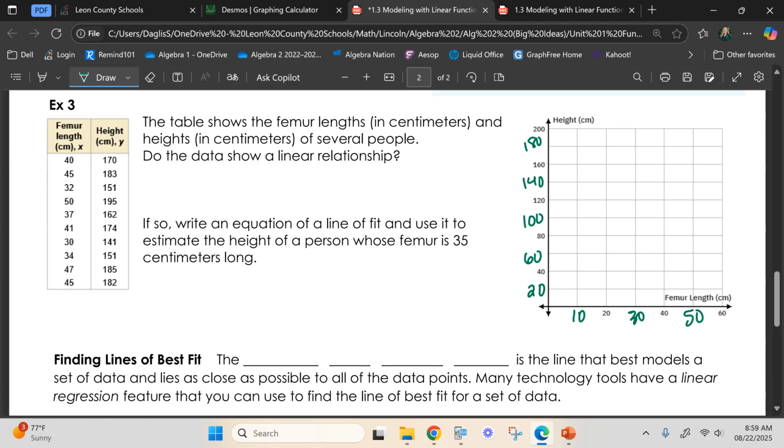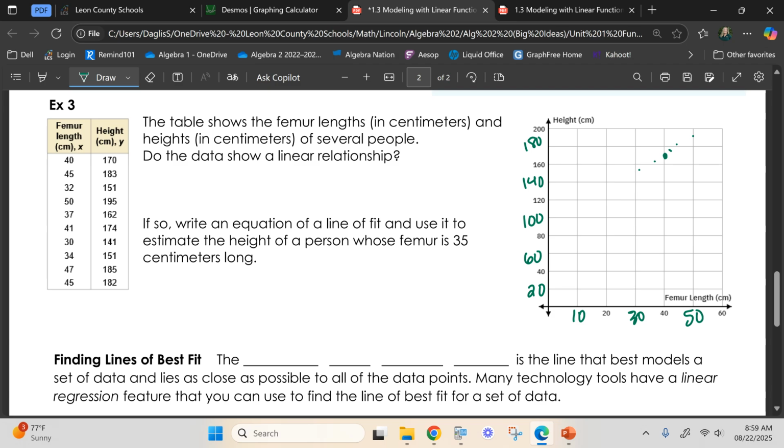All right, so we have 40 and 170. 45, 183. 32, 151. See how I'm just making my best guess, friends? Yes? Okay. 50 and 195. 37 and 162. 41, 174. About right there.